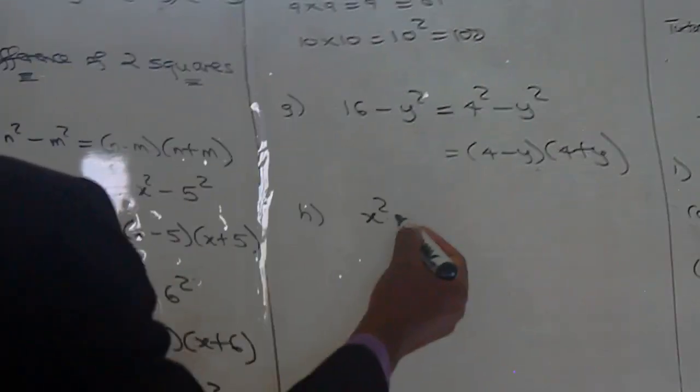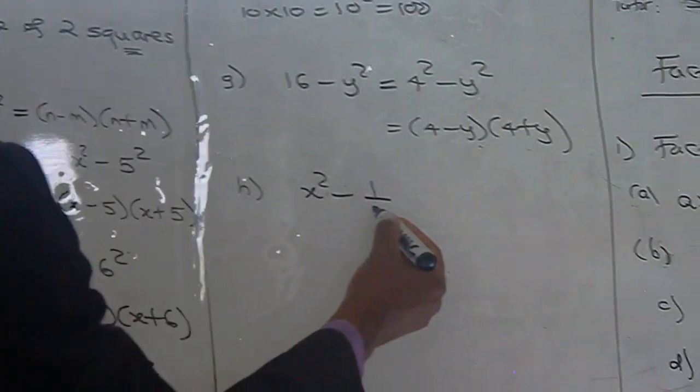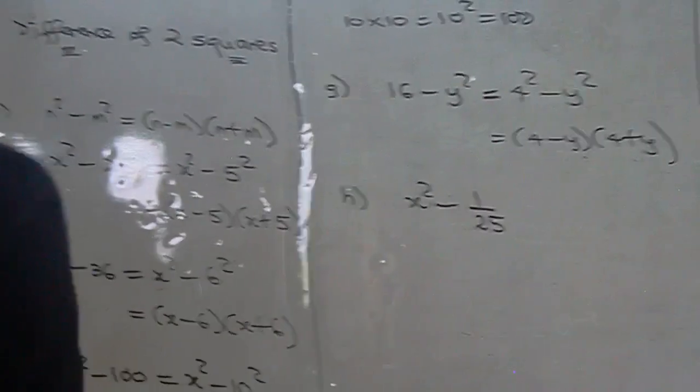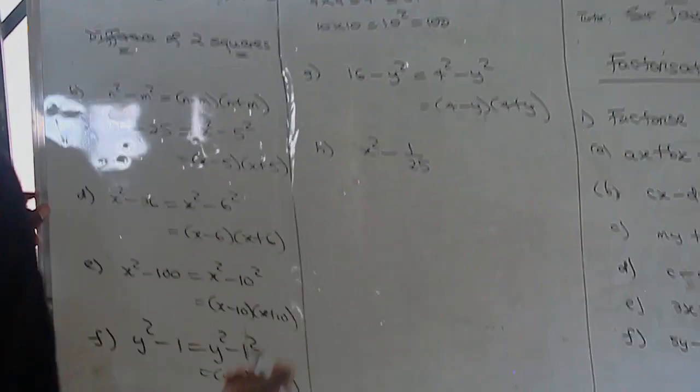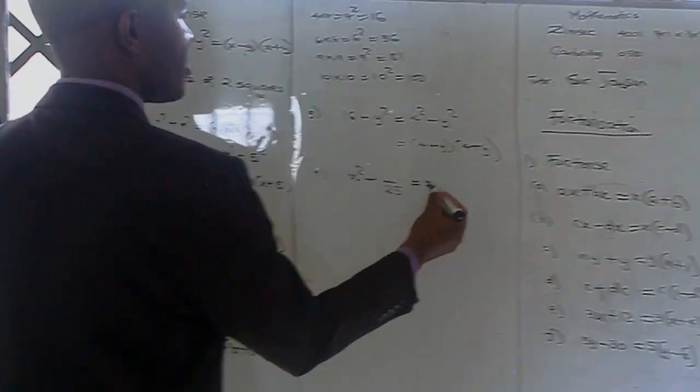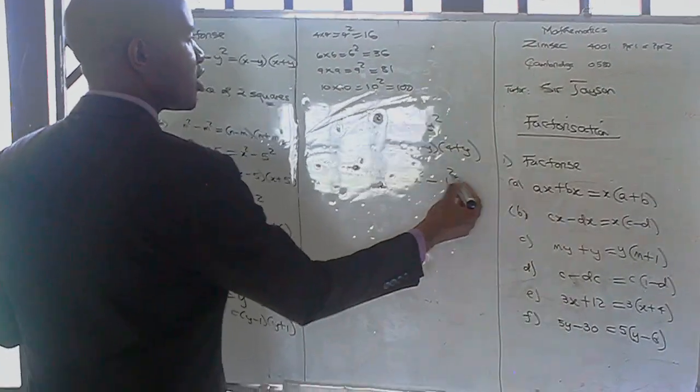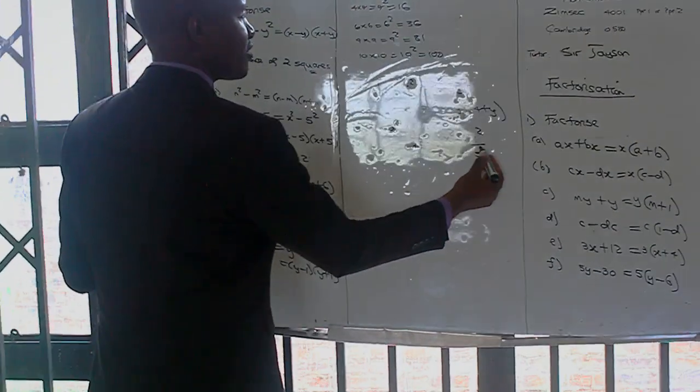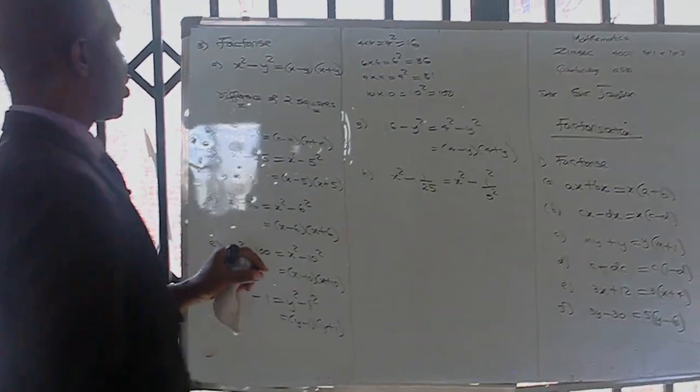X squared minus 1 over 25. This becomes x squared minus 1 squared over 5 squared, because we know that 25 is 5 squared.